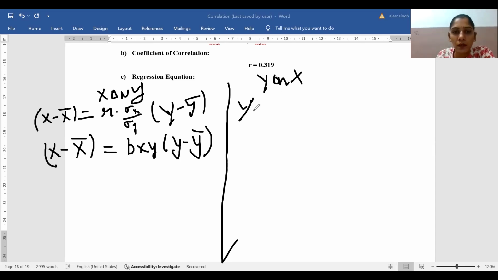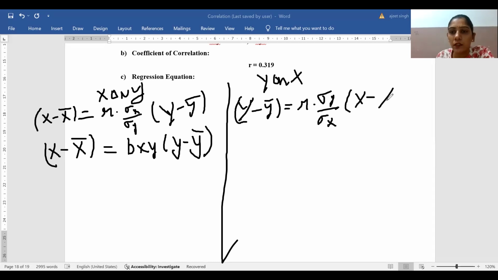Y minus y bar is equal to, similarly, we can also write it as r into standard deviation of y divided by standard deviation of x, bracket x minus x bar.